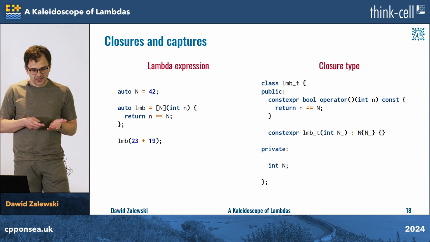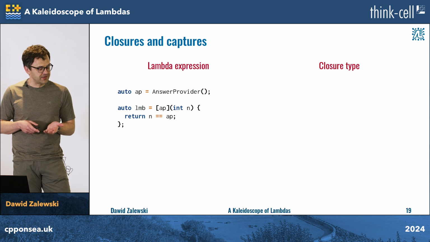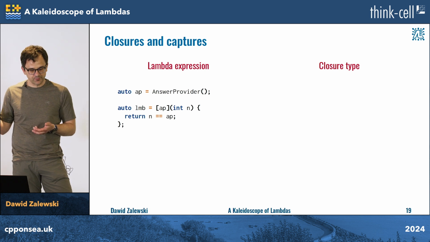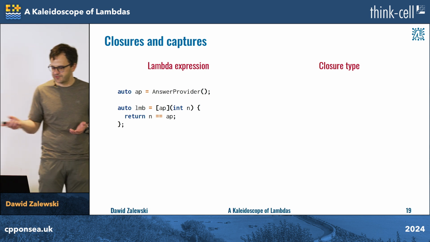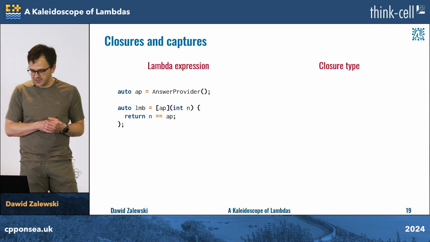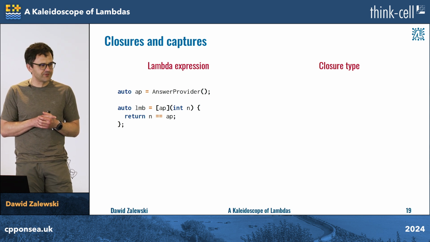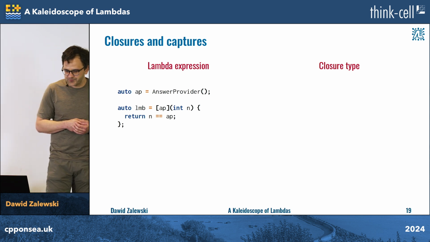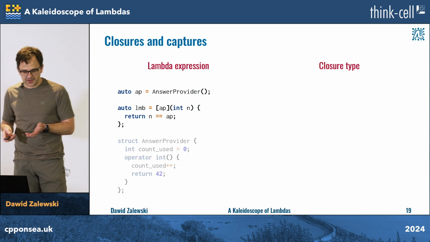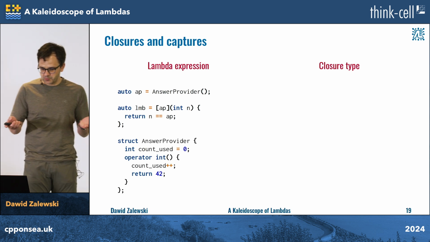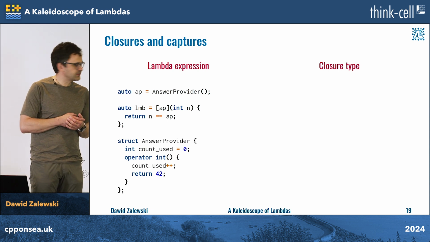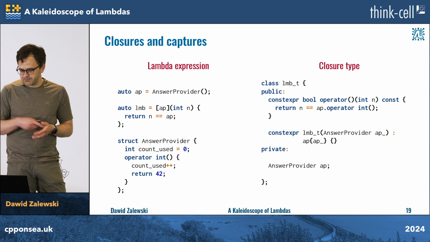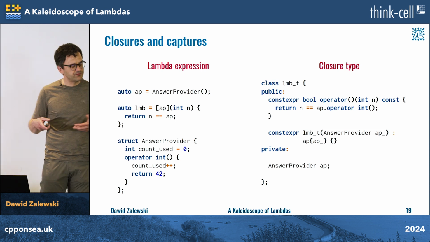With a capture, we obviously can capture pretty much everything. So you don't have to capture a simple integer. You can capture a complex object, like here, there's an answer provider that, for reasons quite obvious, has an implicit conversion to an integer with a value 42. So you can capture it, and your closure object will reflect it.